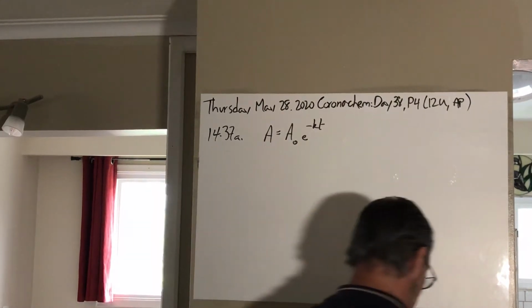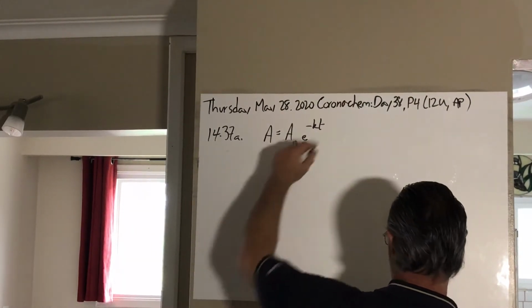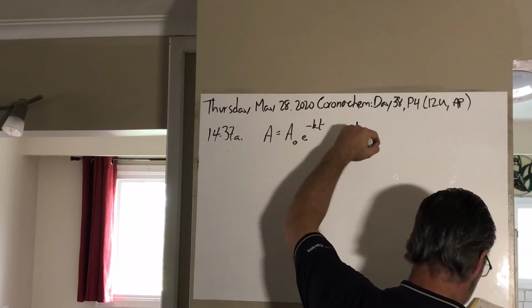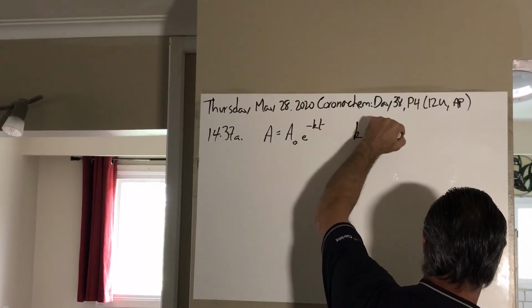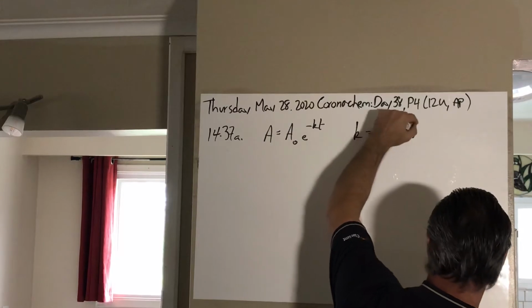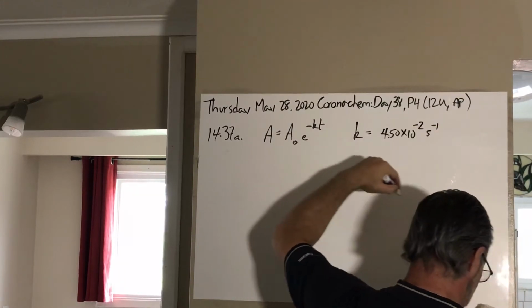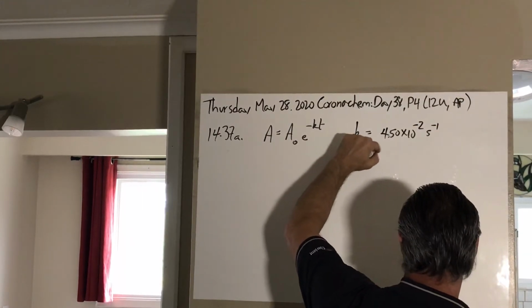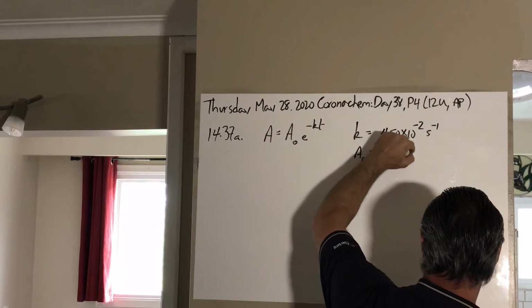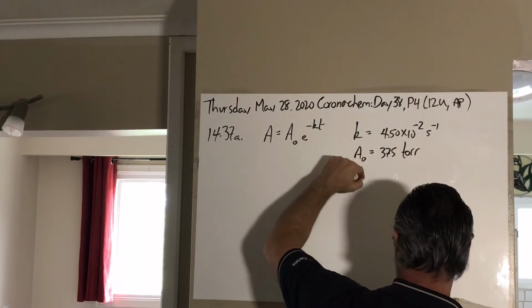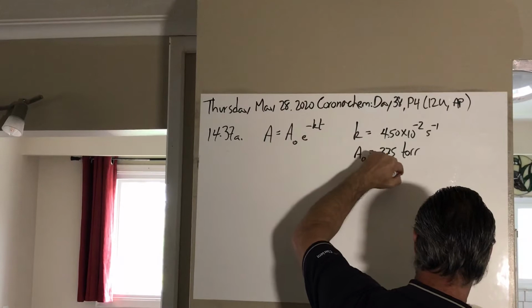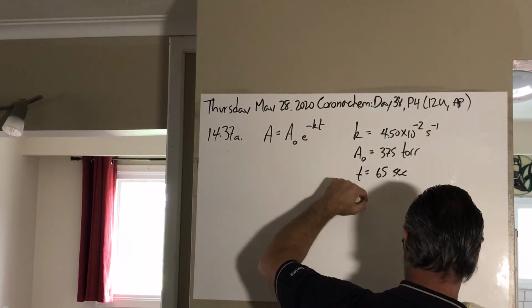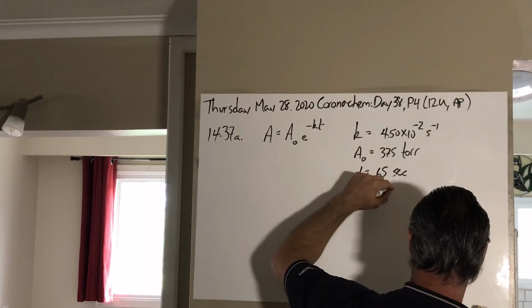The thing is disappearing. And K, in this case, equals 4.5 times 10 to the -2 seconds to the -1. A naught is 375 torr. T is going to be 65 seconds. And A at some time t is what we're looking for.